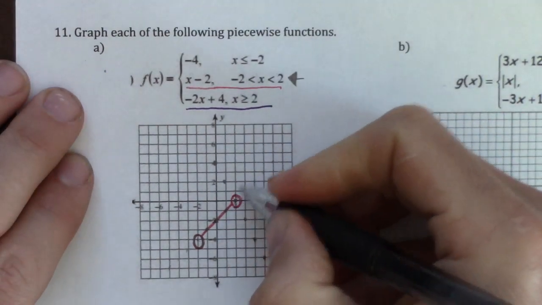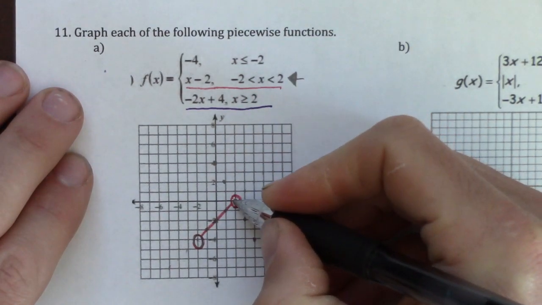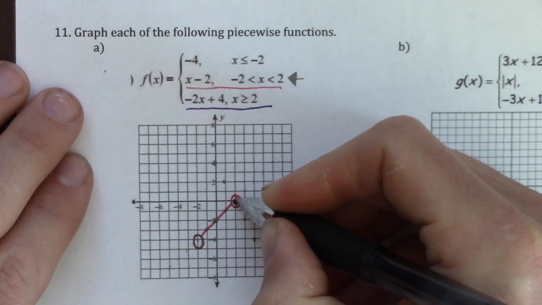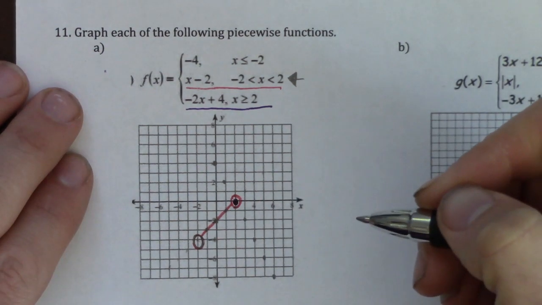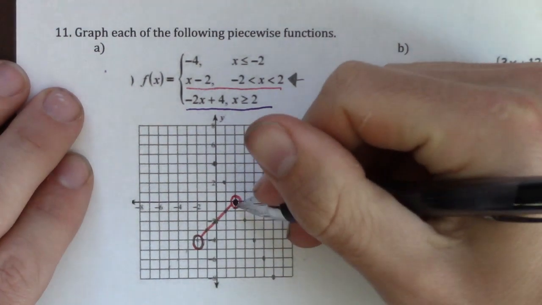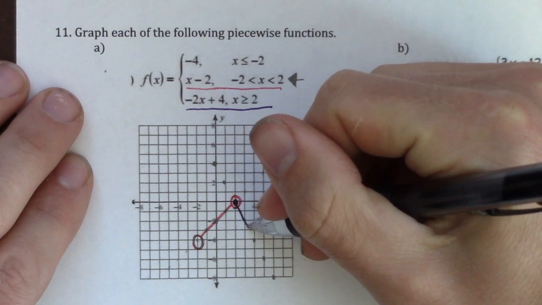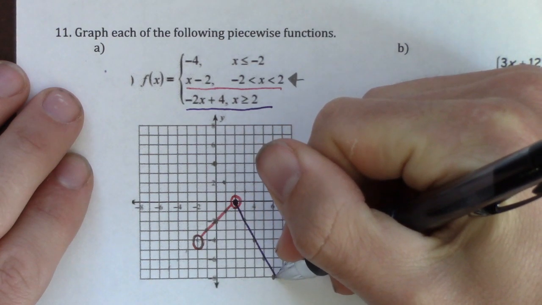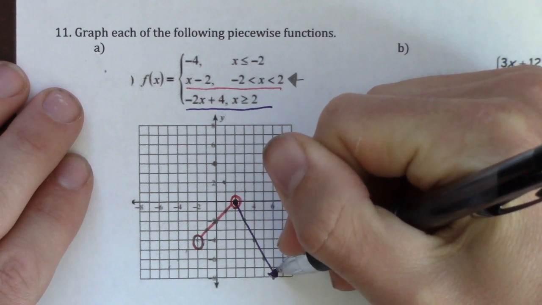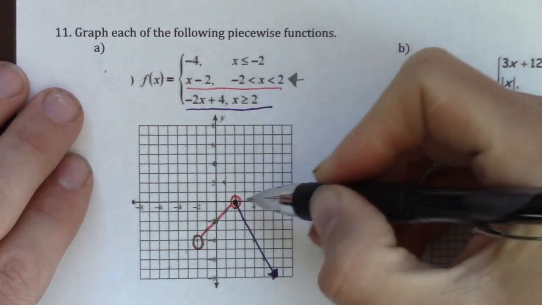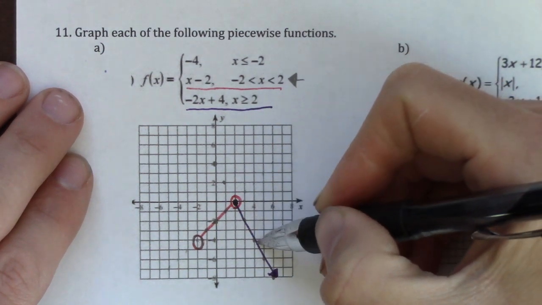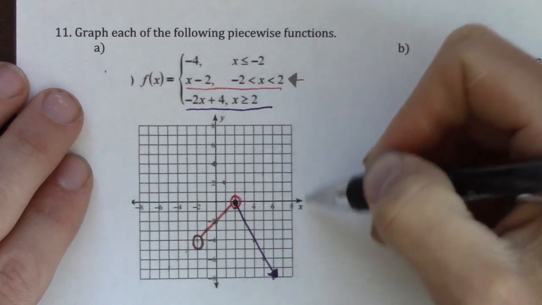I've got an equal to. So when it starts at 2, it's going to get a closed dot. It's filled in. And that graph is going to continue for all the x's that are bigger than 2. So 3 is bigger than 2, 4 is bigger than 2, 6 is bigger than 2, and so on.